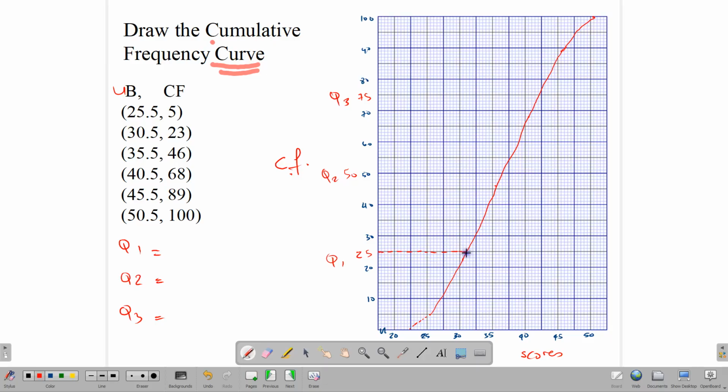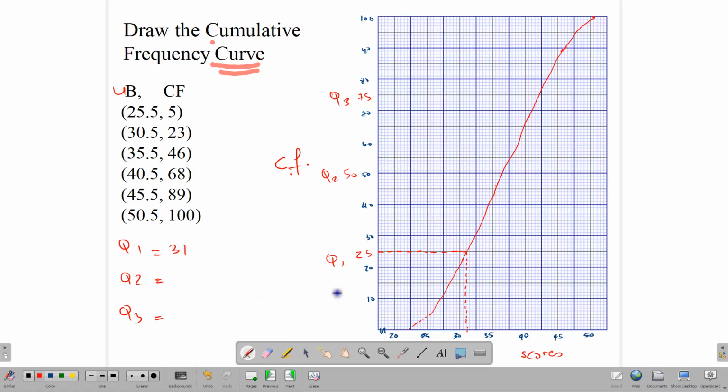You want to kiss that curve, that is, you want to touch it right there. Don't go through it, just touch it. And once you touch it, you drop your line down to your x-axis and read off the value there. So right now, this is telling me that this is 31. So my Q1 is going to be 31.